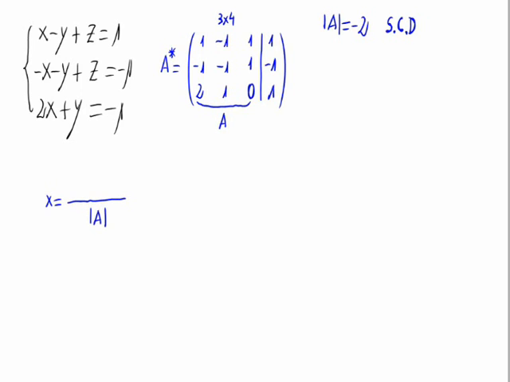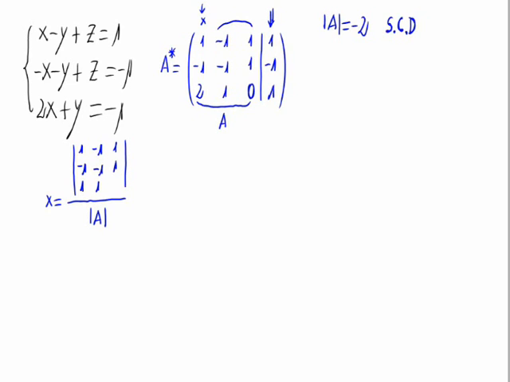Remember that Cramer's method is like this. On the numerator we have the matrix A star, but the column of the unknown value we are trying to solve out, in this case the x column, would be substituted by the column of the independent terms, that is 1, minus 1, 1.